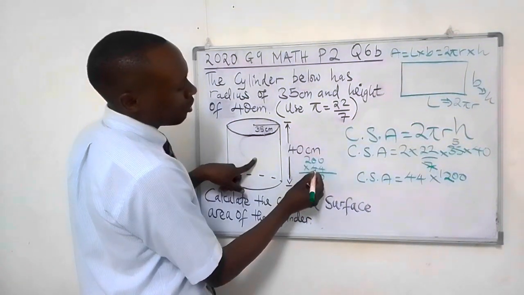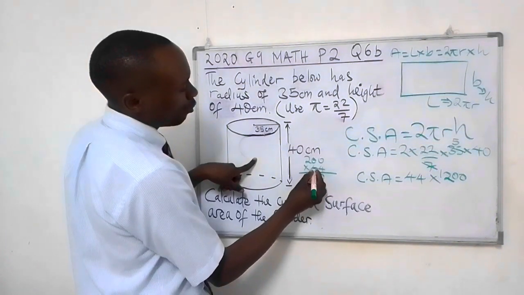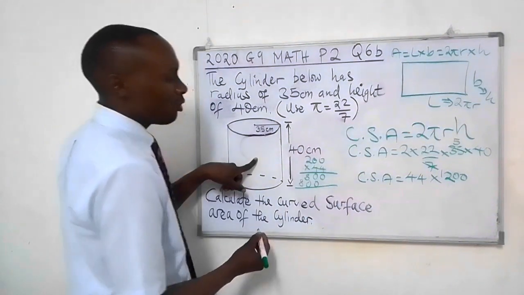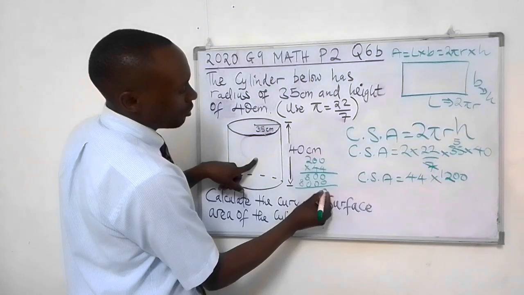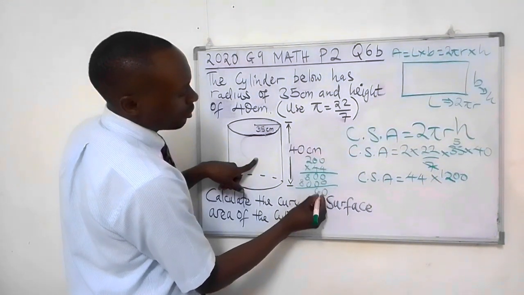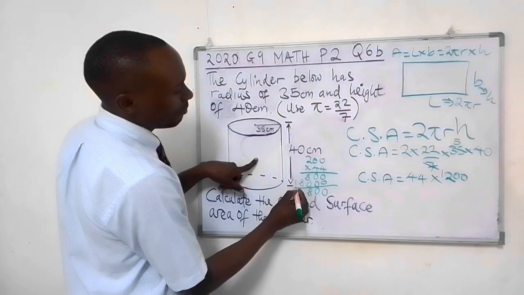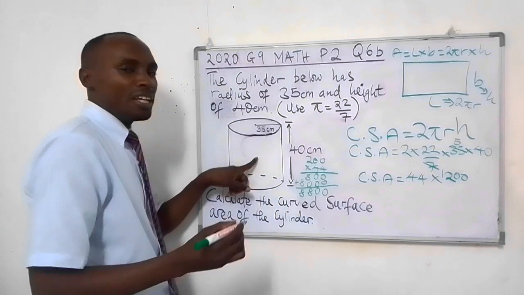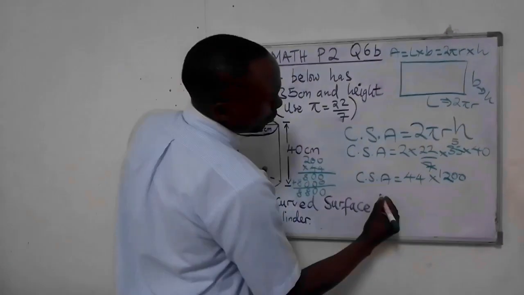Again, 4 multiplying with 200: 4 times 0 is 0, 4 times 0 is 0, 4 times 2 also gives us 8. And for the addition, here we can even put a 0. 0 plus 0 is 0, 0 plus 0 is 0, 8 plus 0 is 8, 0 plus 8 gives 8. So we're getting 8,800.